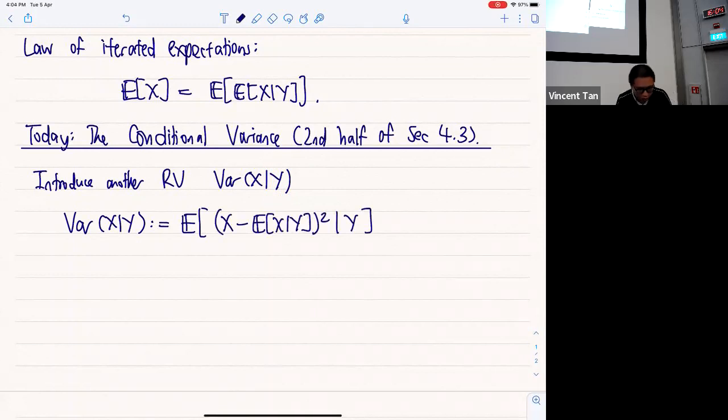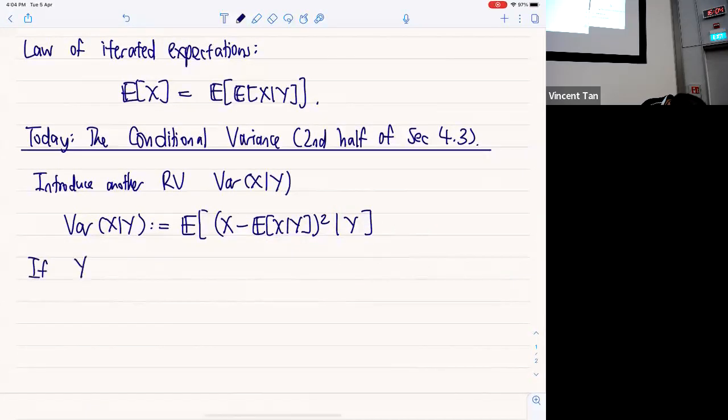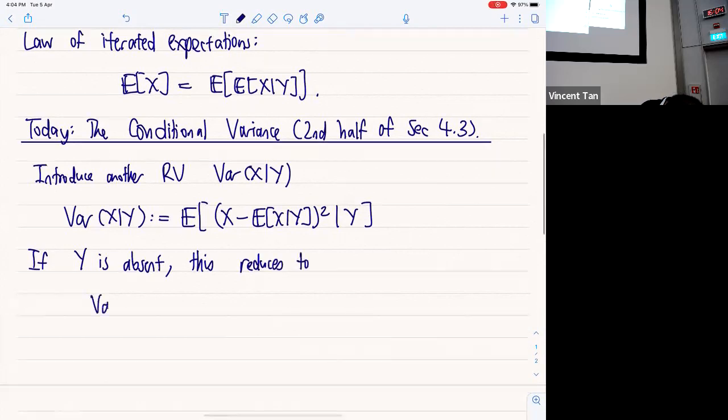The conditional variance of a random variable given another random variable is like a conditional expectation, except it is a special conditional expectation. Now, notice the simple fact here. If y is absent, that means it is not present, then this degenerates to the normal variance.